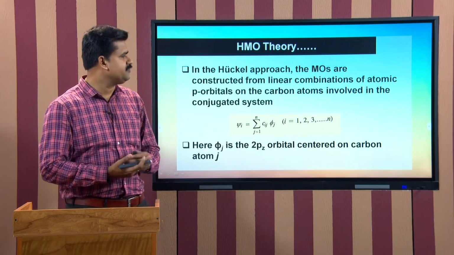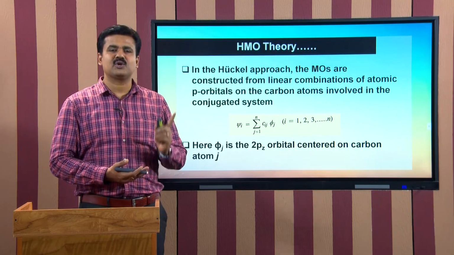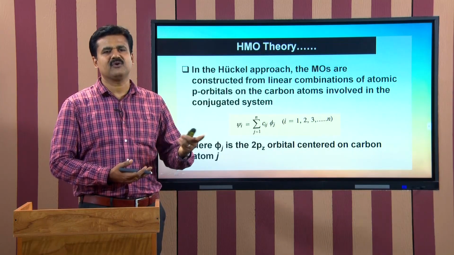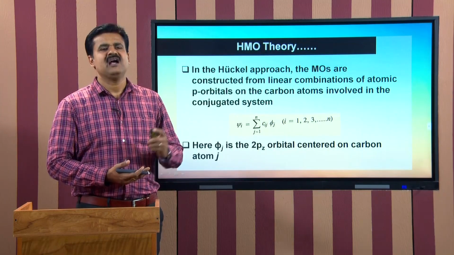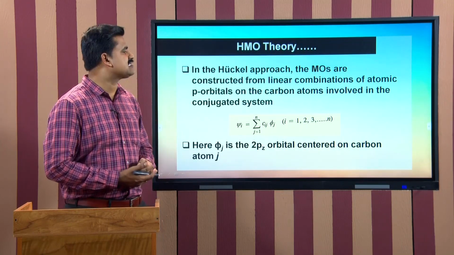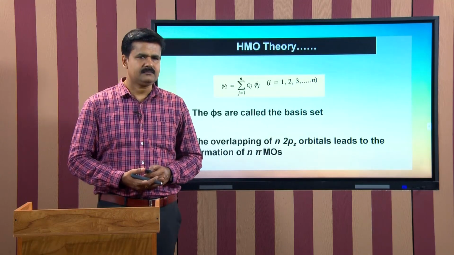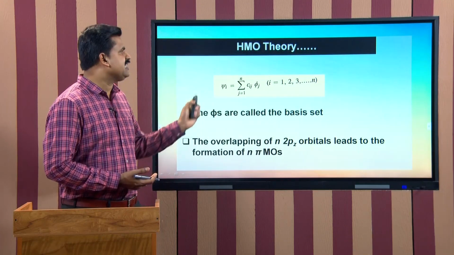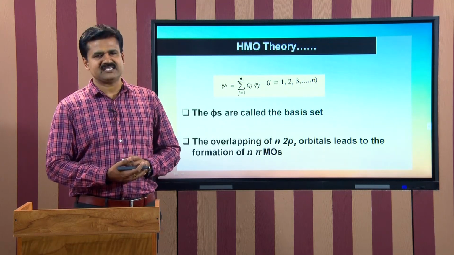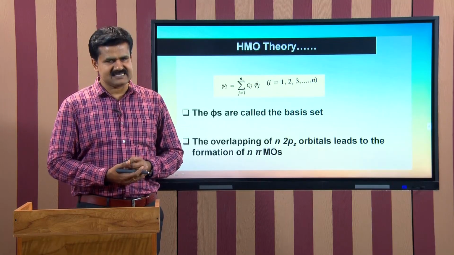For such a system, n is equal to 4, and j runs from 1 to 4, Cij phi j up to phi 4, and this phi j is the 2p Z orbital centered on carbon atom j. Here in this expression, the phi's are termed as the basis set.